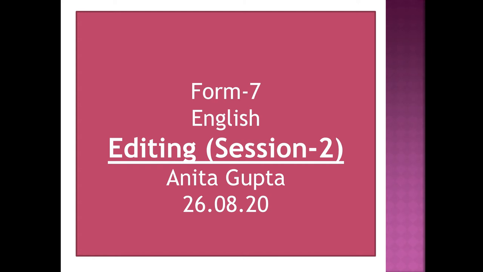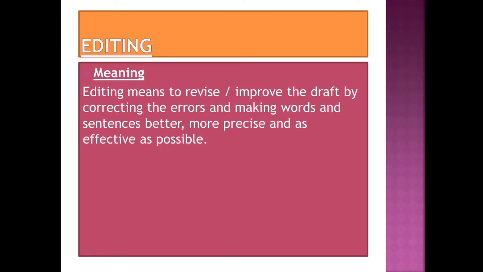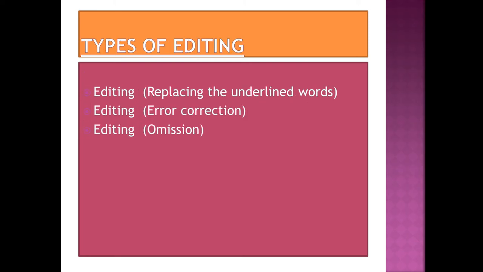That is session 2 of editing. In the previous session of editing, we had learned about the meaning of editing, various steps included in editing, points to be considered or to be checked while editing with examples, and we had also learned about types of editing.